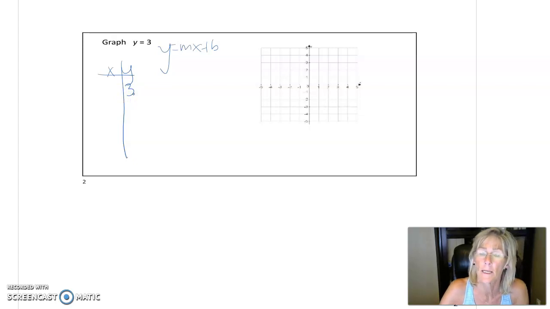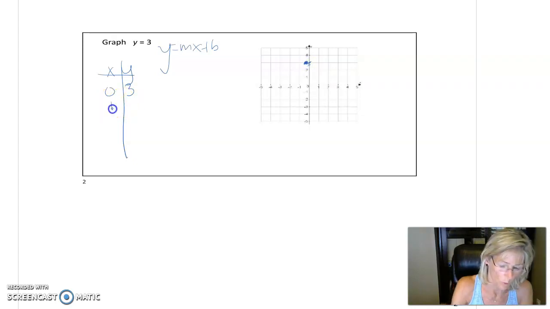So if I plug in any number or any point, I would know that y always has to be 3. So if I plug in 0, my one point would be (0, 3). So let's graph that, (0, 3). And then let's say we use 1.